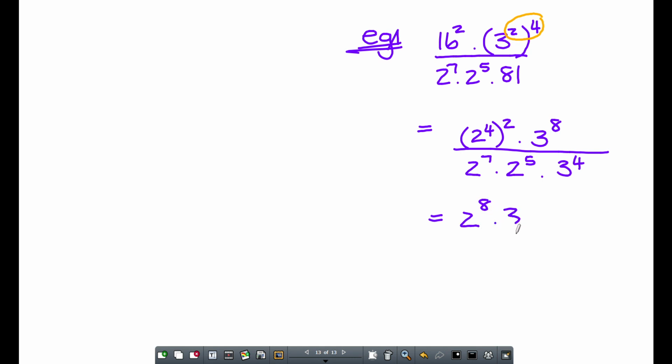En onder die lyn, 2 tot die mag 7 maal 2 to the mag 5 means that I can go and add those two exponents, so it will be 2 to the power of 12. Sorry, julle is baie lelik geskryf. Is julle nog reg so ver?